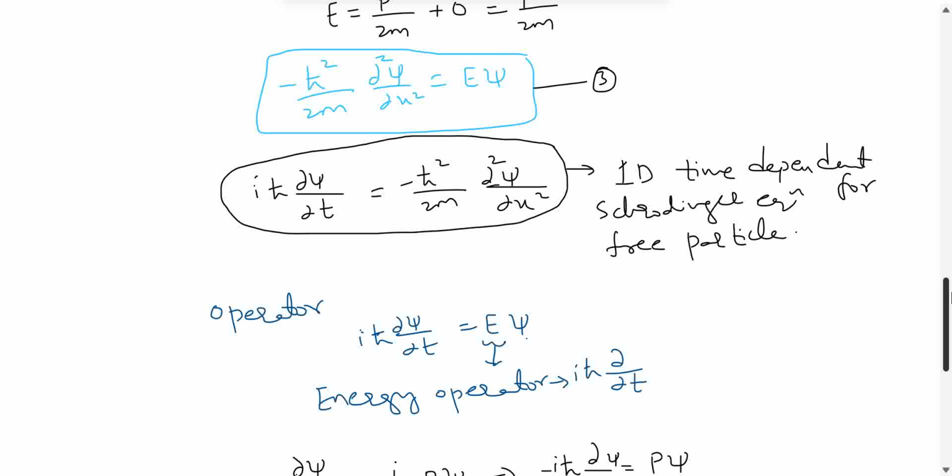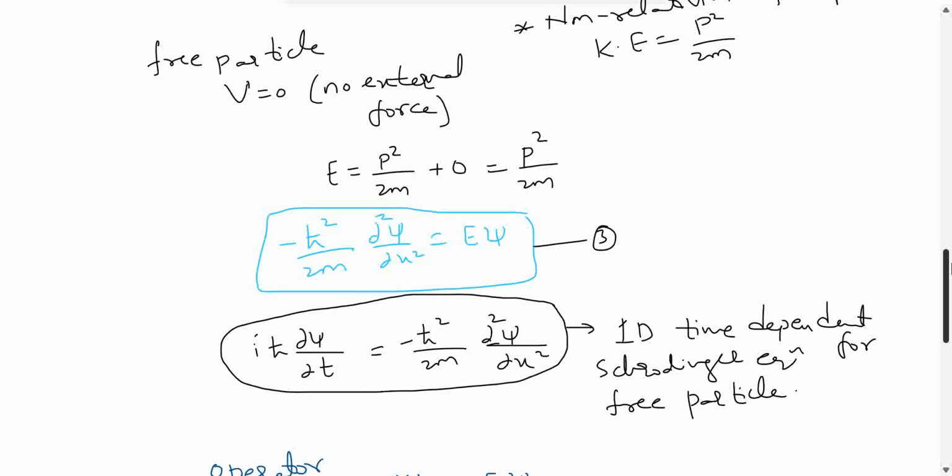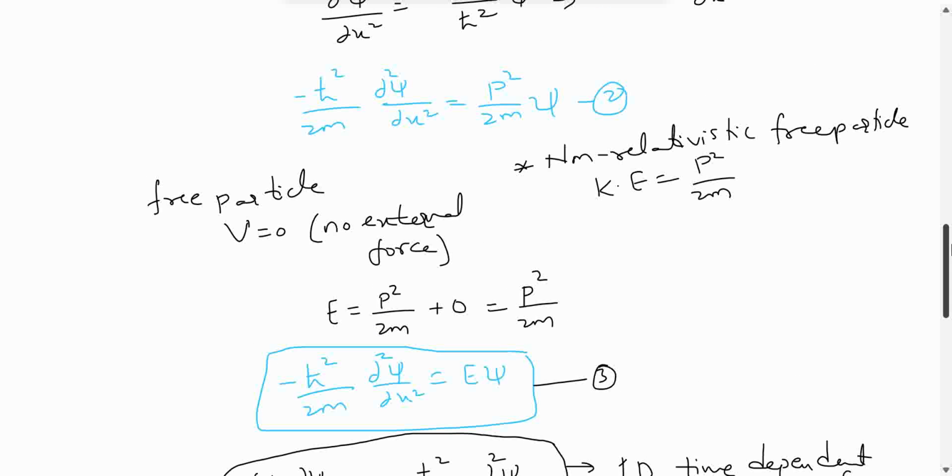From here you can see minus h cross square dou square by dou x square psi is equal to p square by 2m psi.